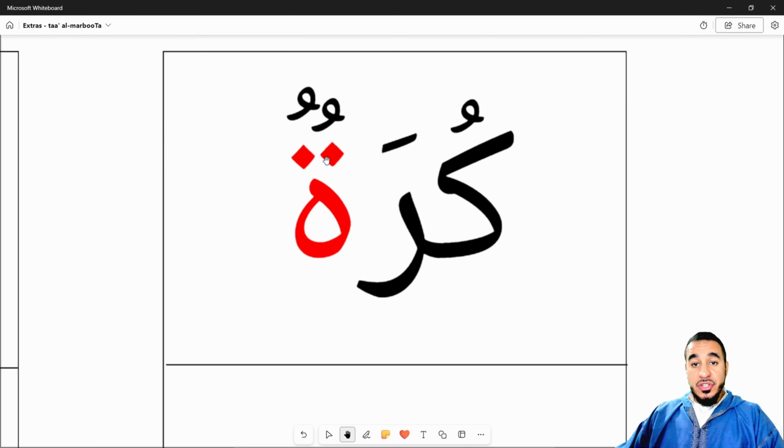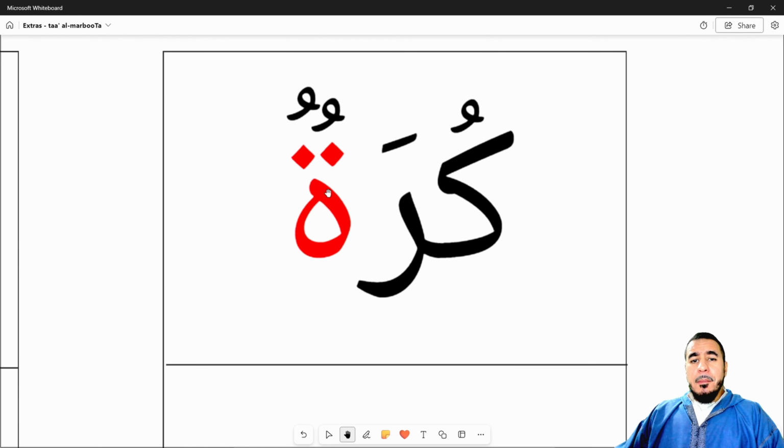It's got the two dots above it as well. And we've got the dhammatan, or the tanween al-dhamma, meaning two dhammas, so it would end with a N sound. Kuratun.